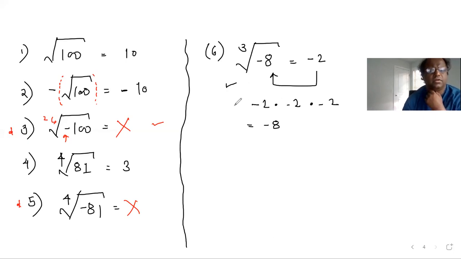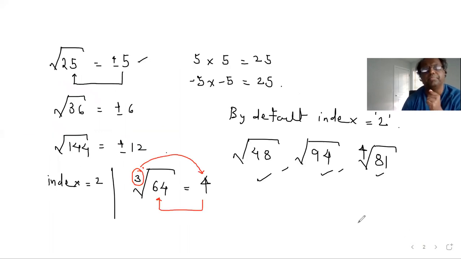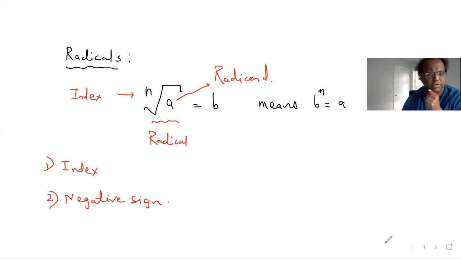So what you learn from this lesson is that when you are dealing with radicals, the two things you should be worried about are the index and the negative sign.